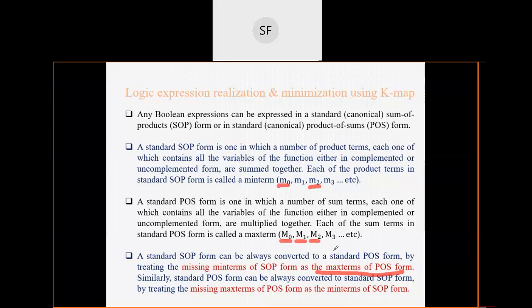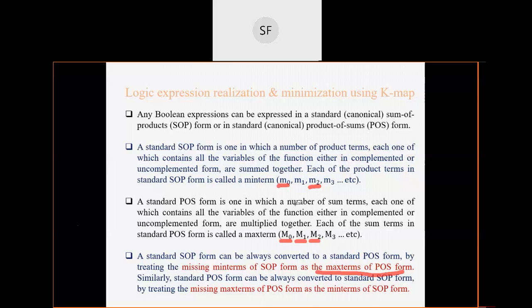So how will you convert this product of sum form into sum of product form? Now in sum of product form, only M3 will be present here. Why? Because M3 was missing in product of sum. So what is missing here will be present there, and what is present here will be missing there.